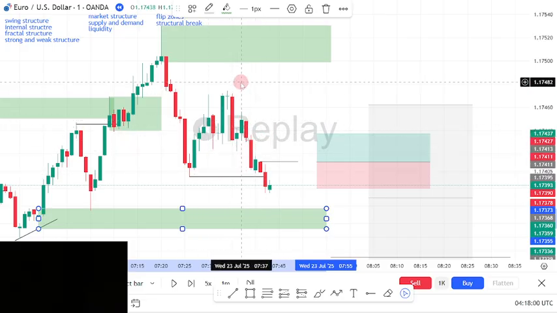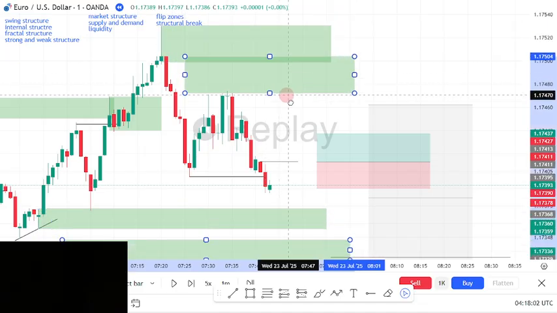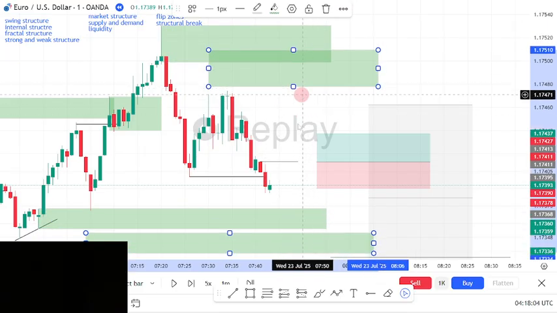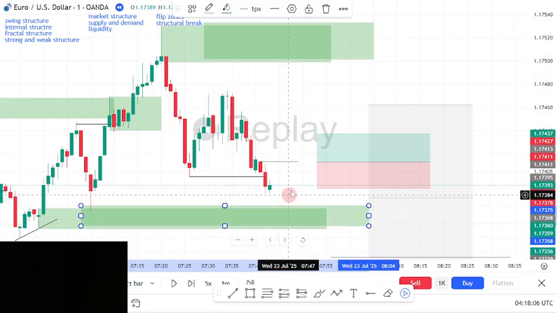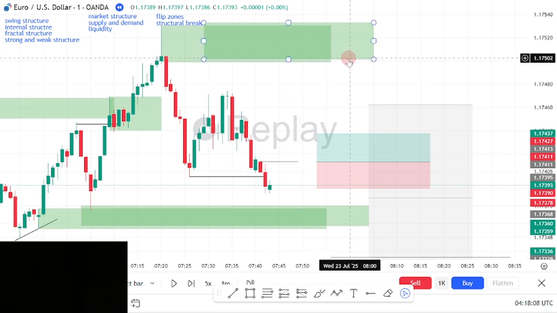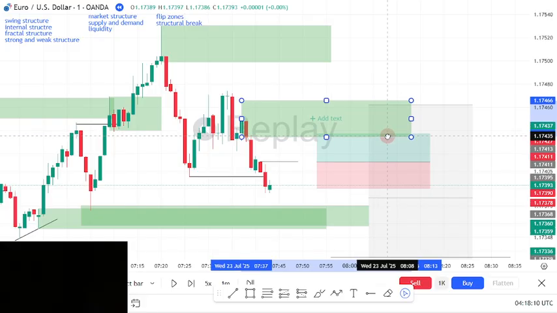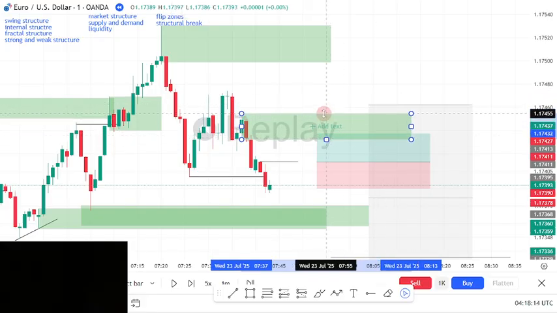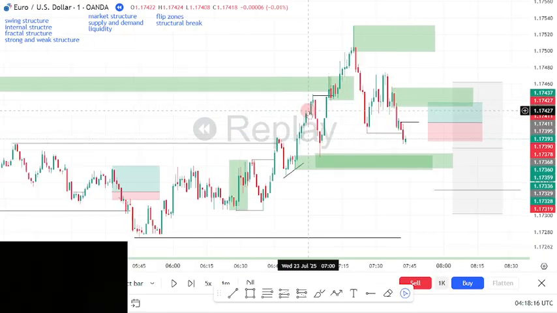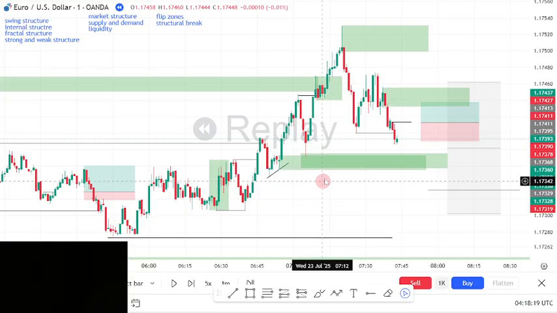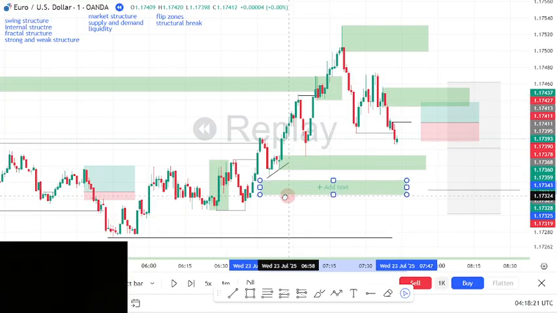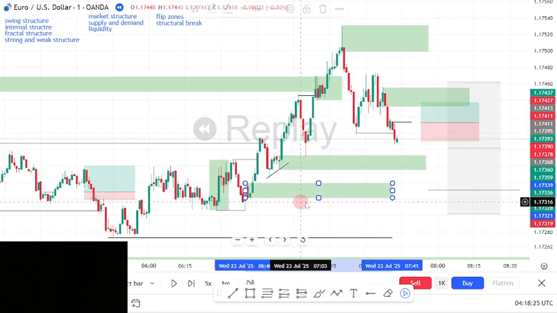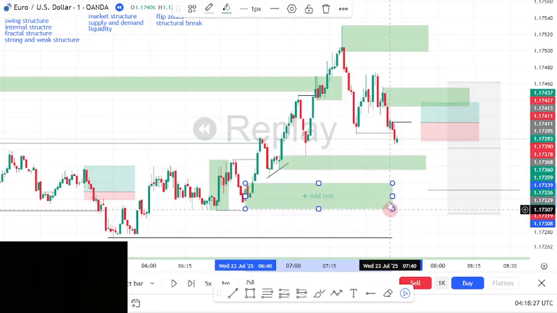Now the moment price breaks this, I'm not naive. I'm still keeping in mind that the bearish is still holding. The bearish move is still holding, and there's a high probability this zone and liquidity that we were expecting will be used, right?